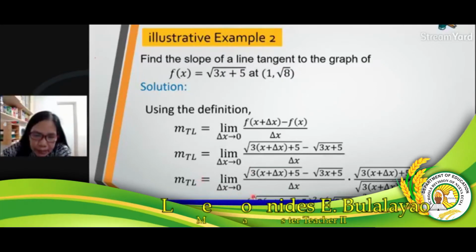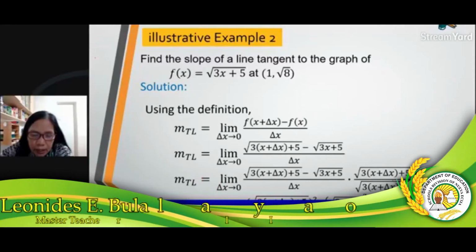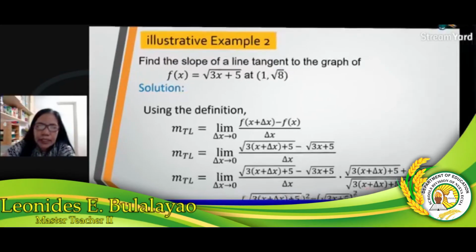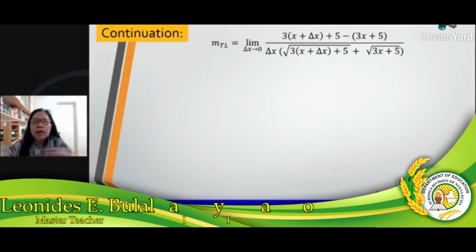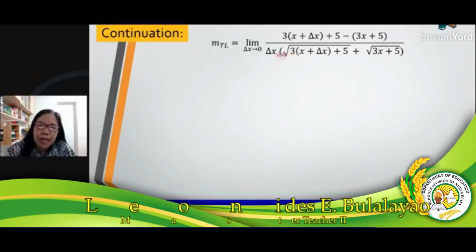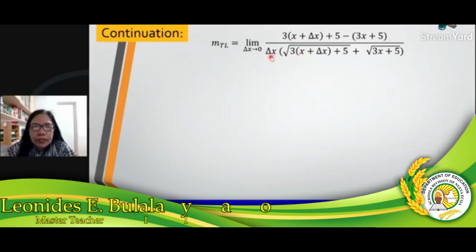So we can cancel the square root because we have a square here. So what will happen? We have 3 times x plus delta x plus 5 minus 3x plus 5, and then we multiply the denominator, delta x, by the conjugate.